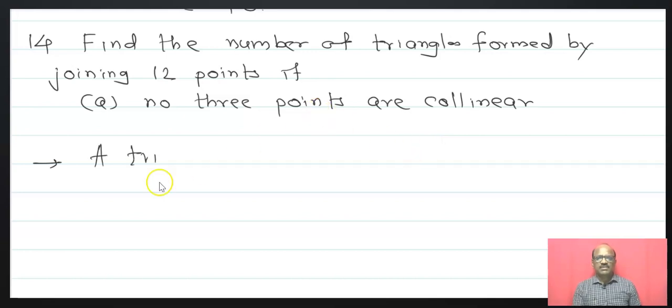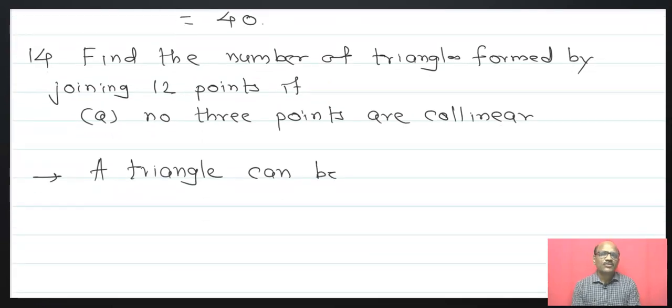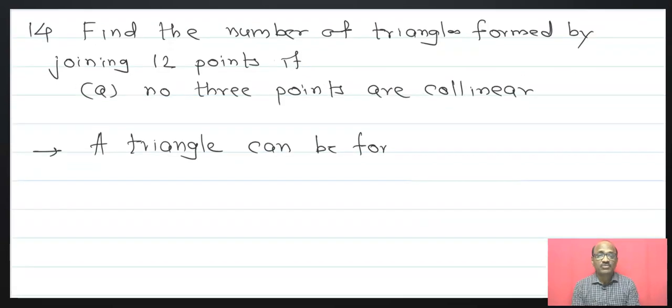This is a simple one. No 3 points are collinear. To form a triangle we require 3 points. Therefore, we can form 12C3.